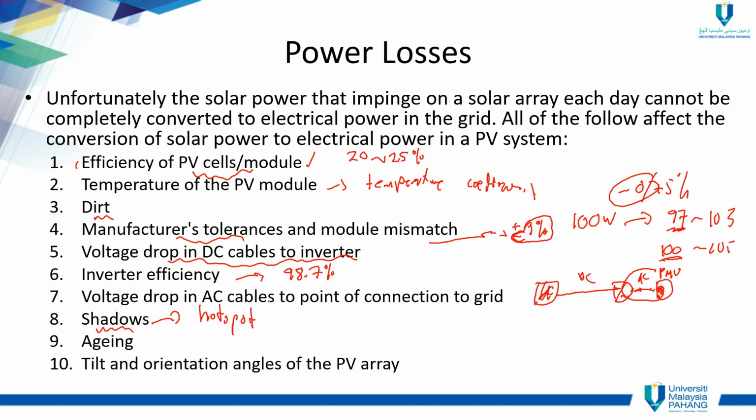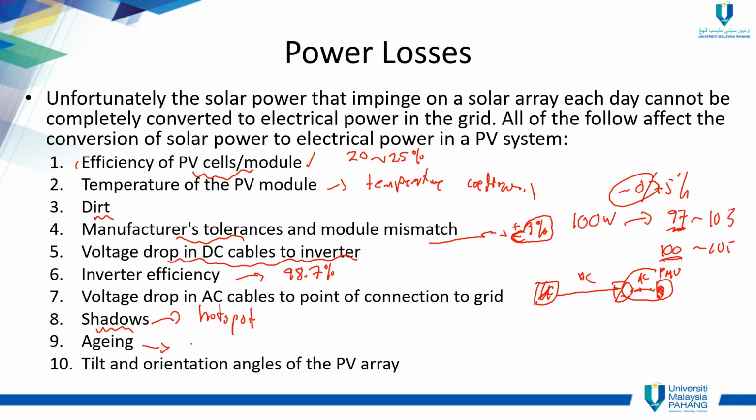During the movement, maybe at some angle or specific hour it is blocked slightly by trees, for example. That's why it's very critical to do site analysis and site visit before the installation proceeds.